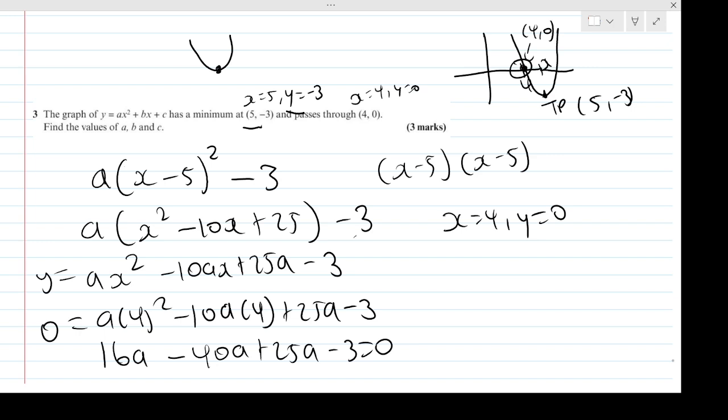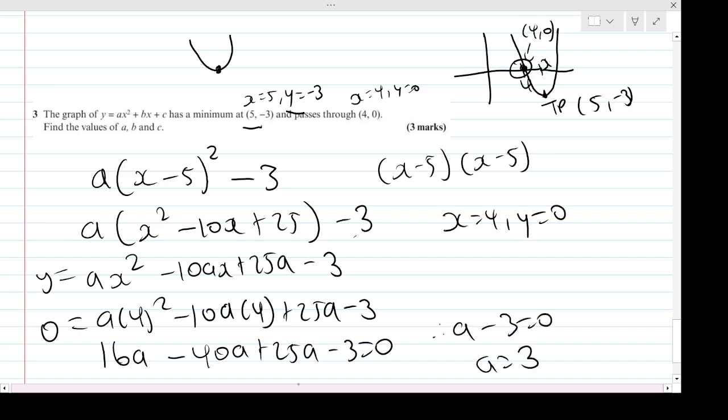Wow, is that not an equation I could solve then for a quite nicely? Because then I can bring all the a's together, so I have 16 a's minus 40 lots of a's and 25 lots of a's. I just get a, that goes to 1 actually. So we get therefore a minus 3 equals 0, so a has to equal 3.